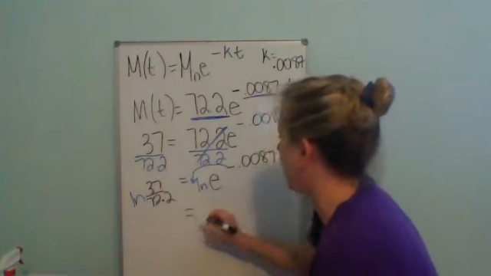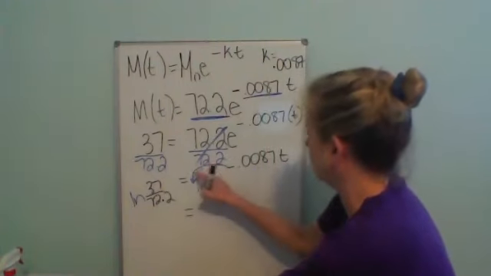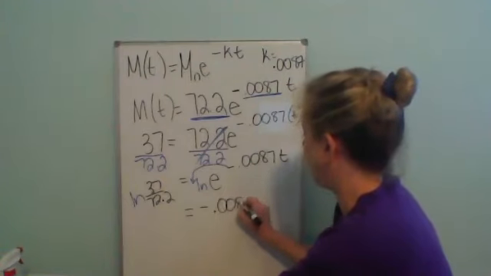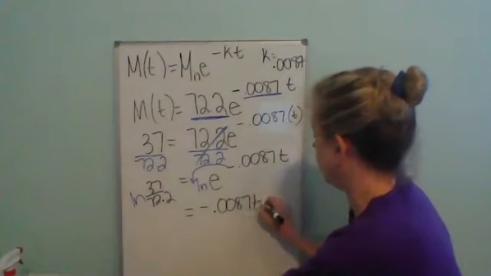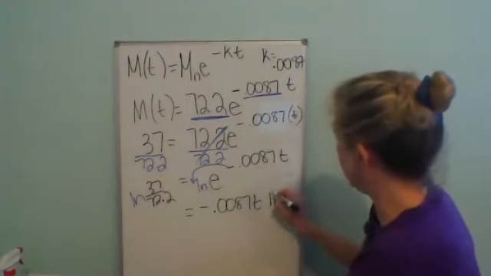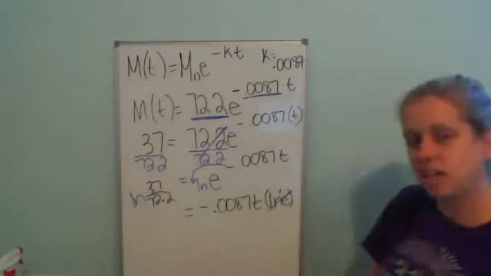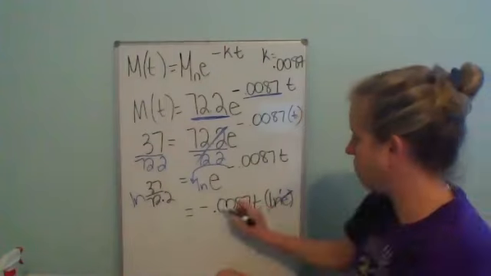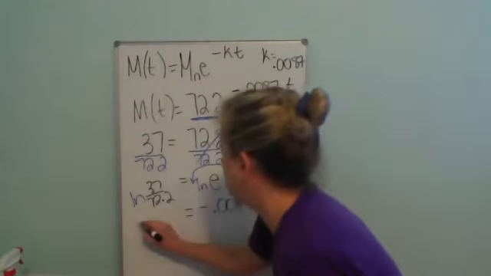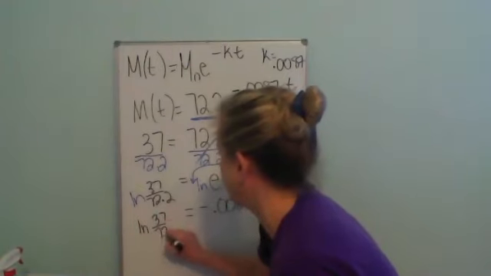On the right, I've got negative 0.0087t. Again, I still have the ln e, but that's equal to 1, so I don't need it. So all I have over here is negative 0.0087t. Over here, I have ln of 37 over 72.2.